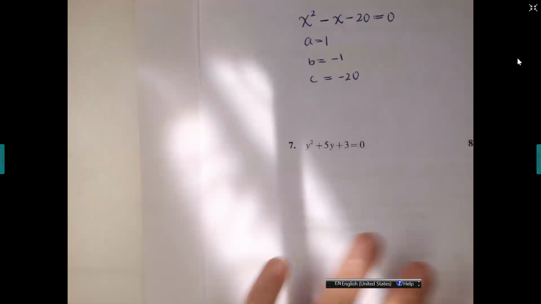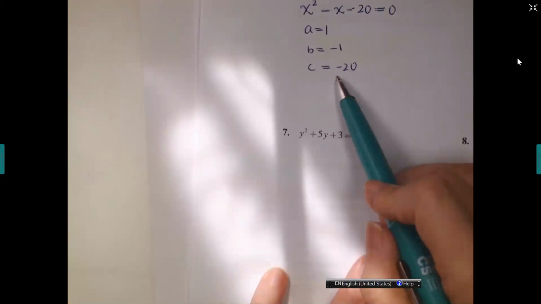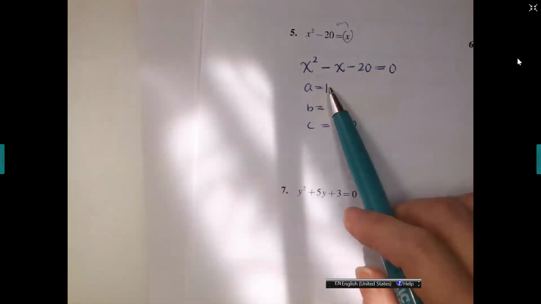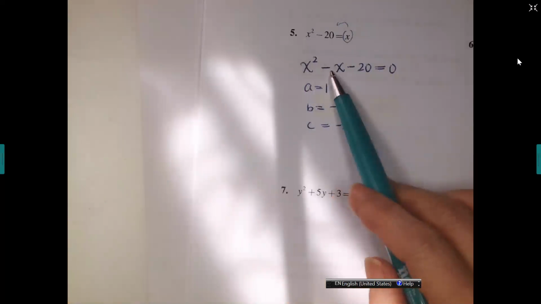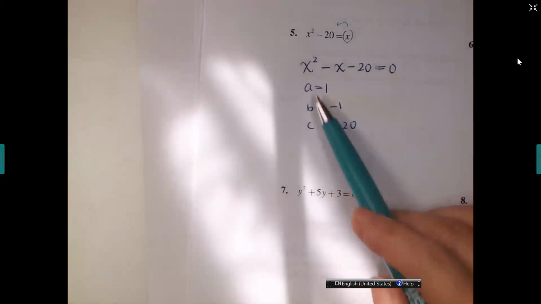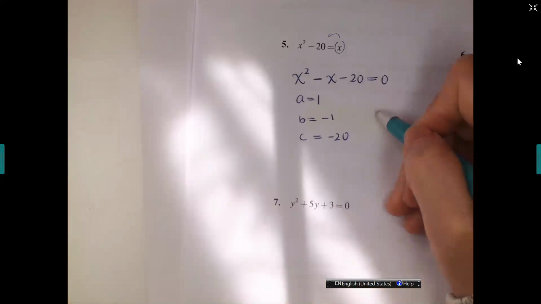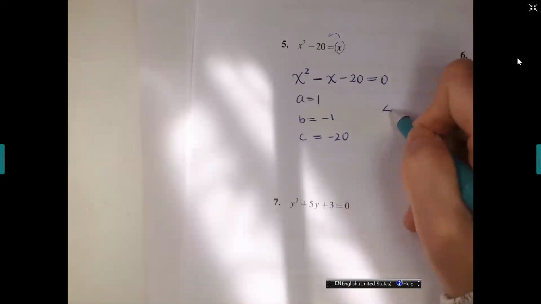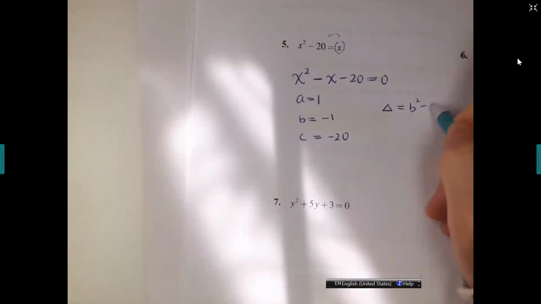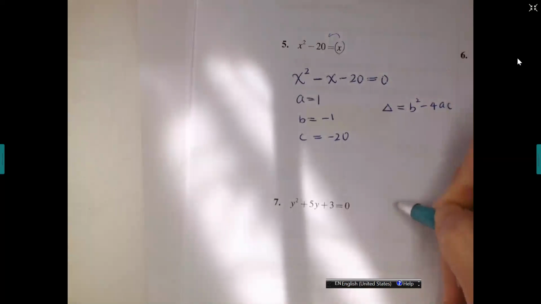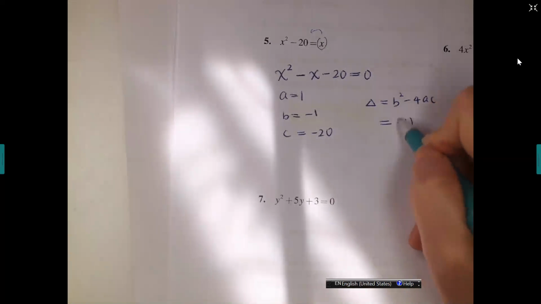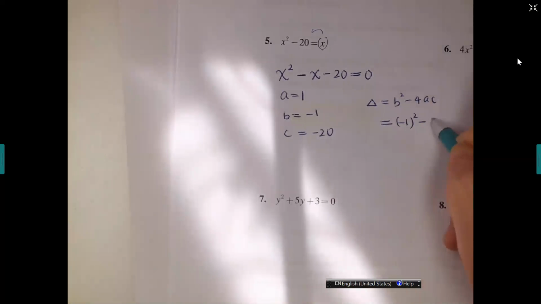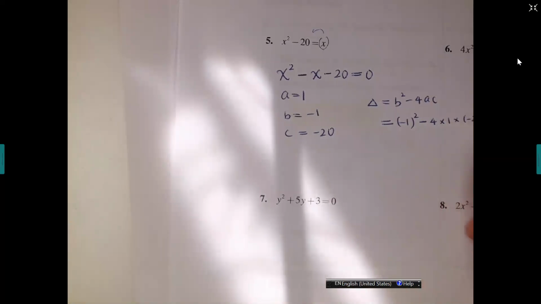All right, sometimes I want to give you one more. There's one more example here. For example, like this. So we have ax squared plus bx plus c equals 0. I got a, b, c right here. What do we do first? We check b squared minus 4ac equals what? So b squared is negative 1 squared minus 4 times a times c right here.